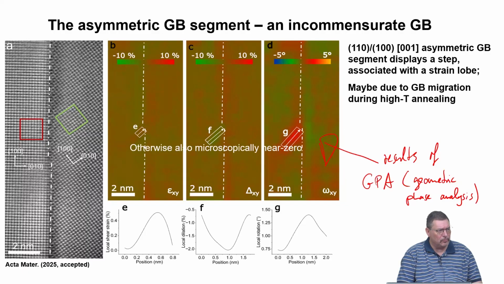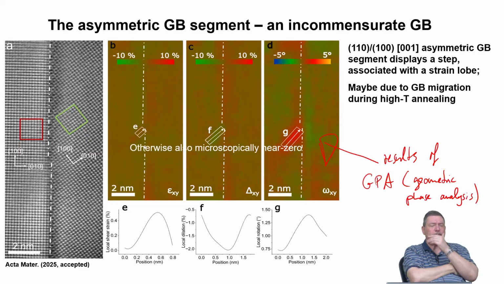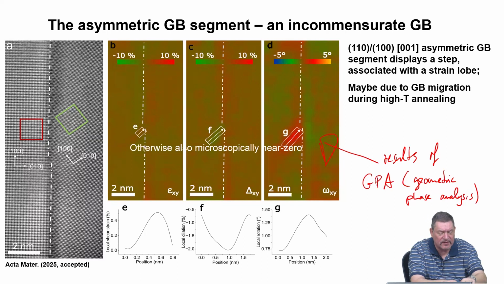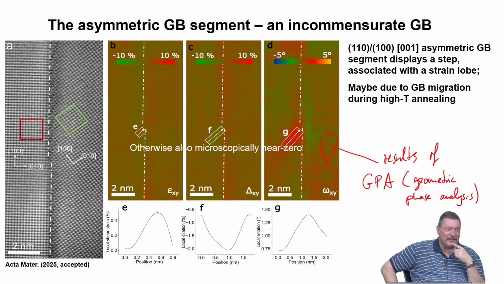Let me put this as a question. If you see this image, do you think, just in this red box, is there strain in the lattice or is it looking more like perfect? Yeah, exactly.